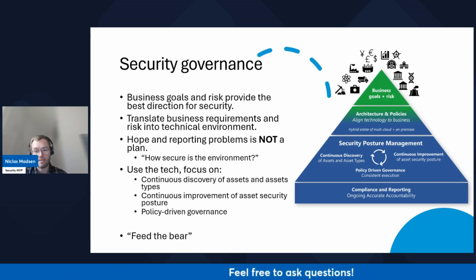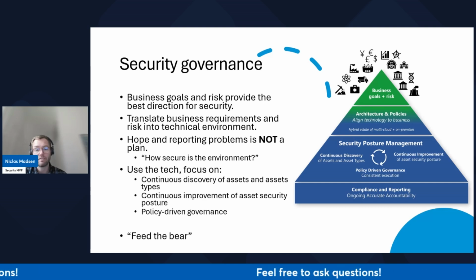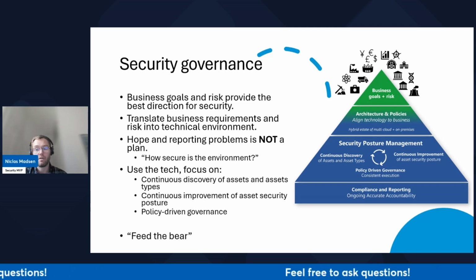Again, your organization must focus on continuous discovery of assets and asset types. As I said, in the cloud, new types of services are added regularly. It could be a new service type in Azure, or a new resource type in Azure. It can also just be that the workload owners spin up something because they think it's interesting. They read a blog or something.